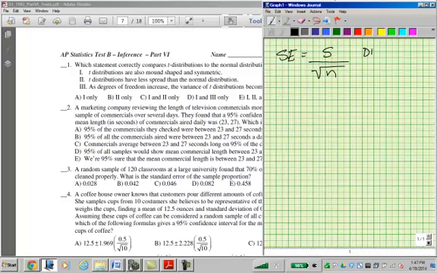Now df, degrees of freedom, equals n minus 1.